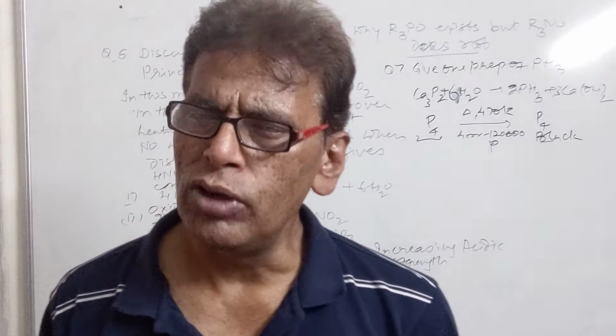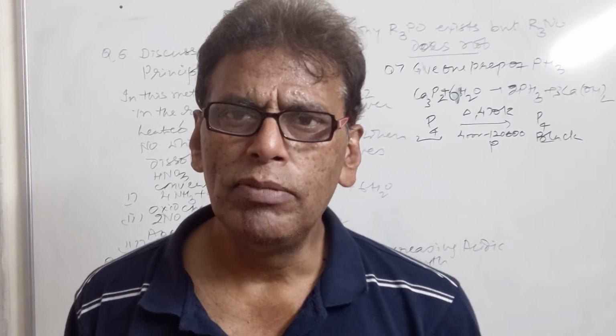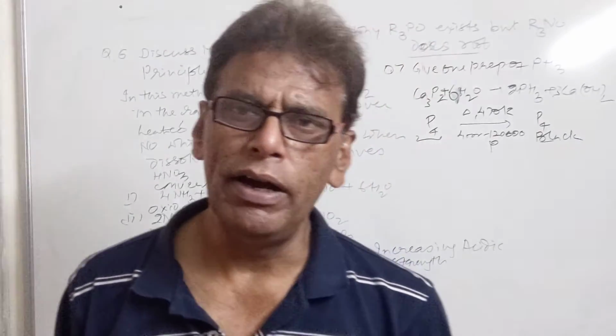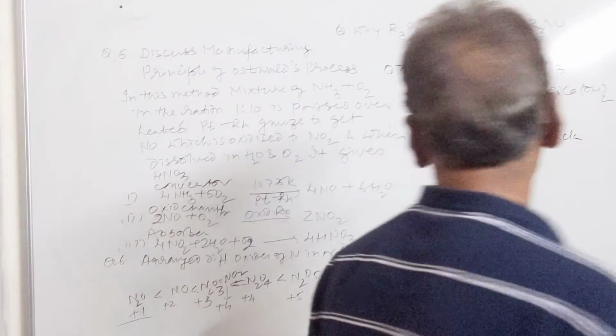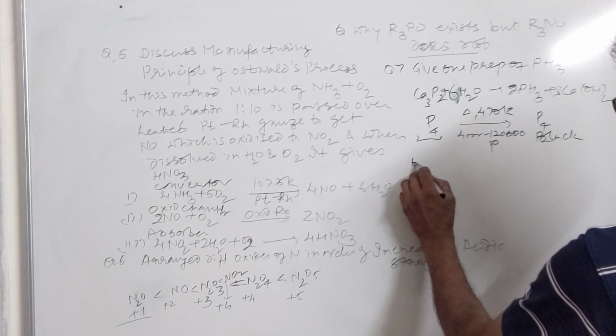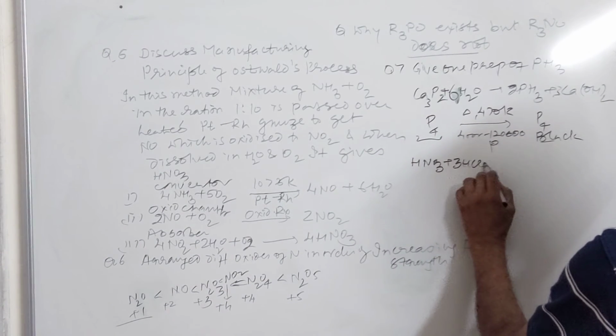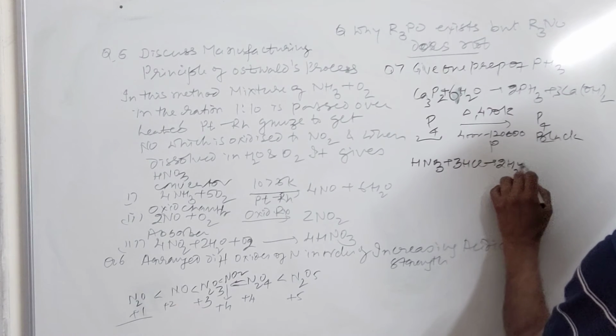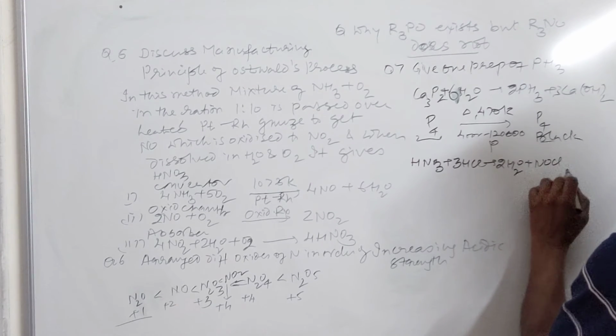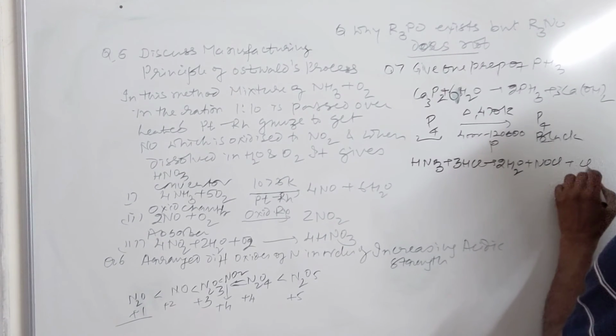Noble metals do not dissolve in pure acids, but when aqua regia is prepared, they easily dissolve. For example, we have HNO3 one part, 3 parts HCl. They are mixed together, you will get 2H2O plus NOCl and chlorine.